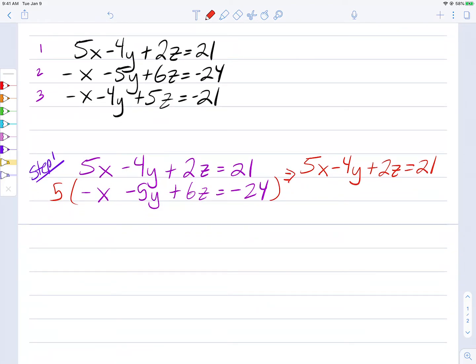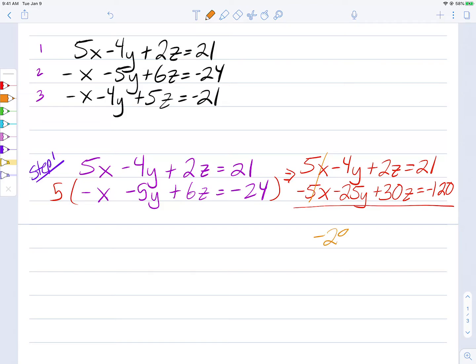So that gets me a negative 5x, a negative 25y, a 30z, and negative 24 times 5 is negative 120. If I add those two together, my x's are gone, as it was supposed to be.